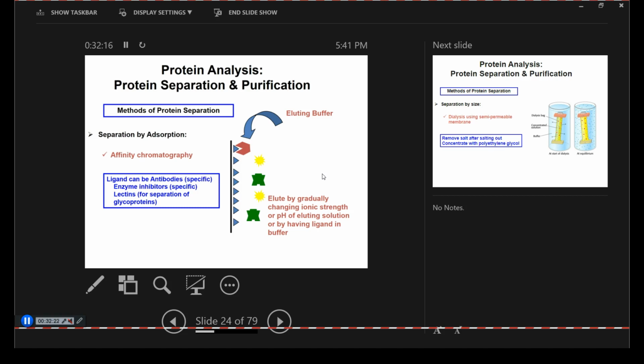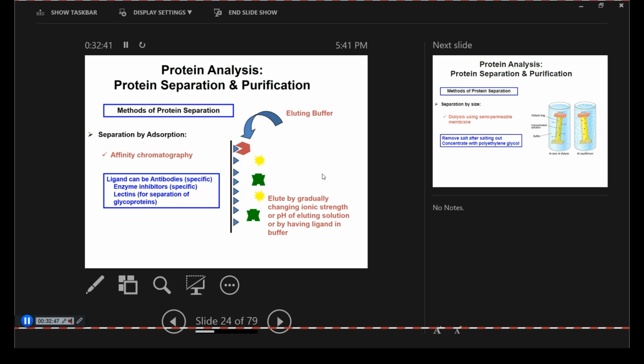So the ligand or the functional group, the blue triangle here, can be an antibody for a specific antigen. It can be an enzyme inhibitor for a specific enzyme that I want to isolate. Or it can be a general ligand, like lectin, that is specific for separation of glycoproteins.